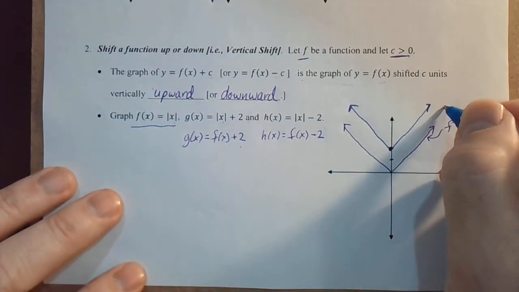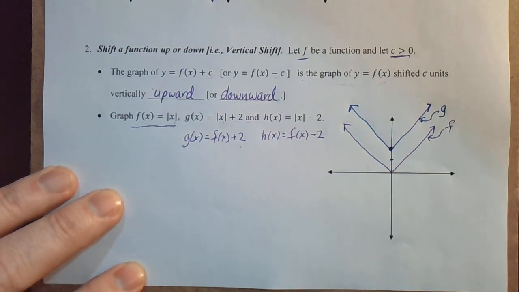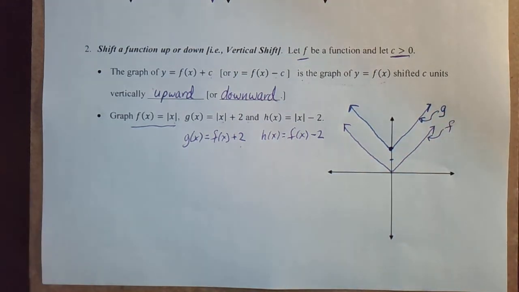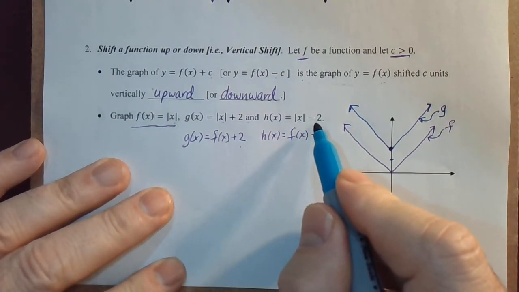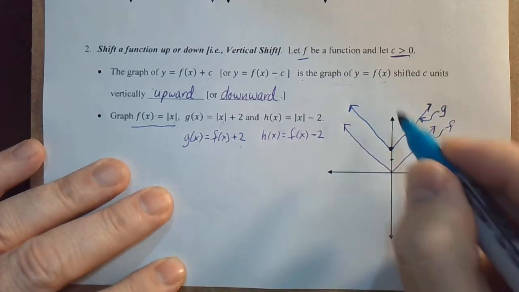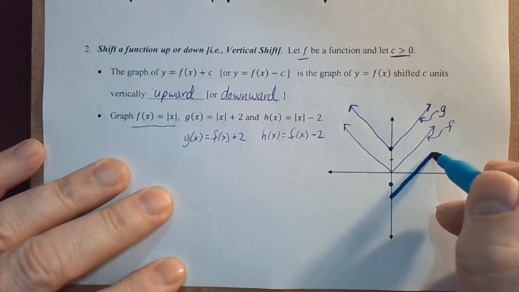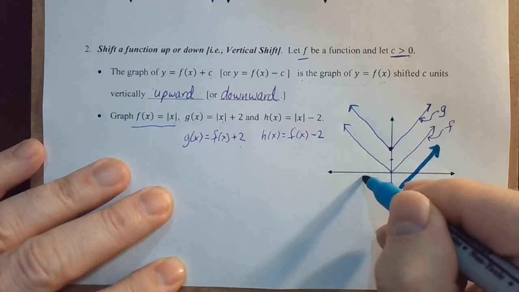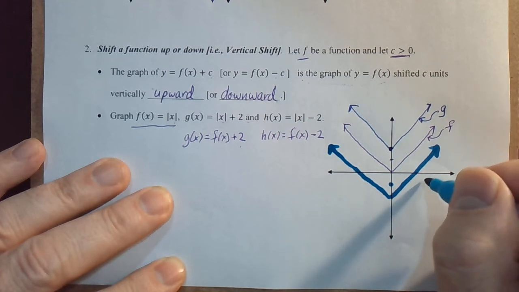So that would be g of x. And then for h of x, our c would be 2, but we're doing minus 2, so we're going down. So it's going to go here. That would be h.